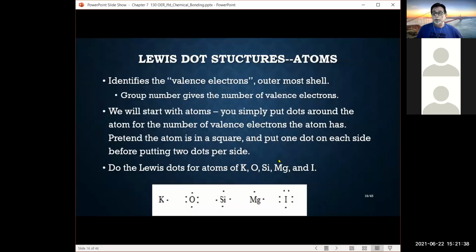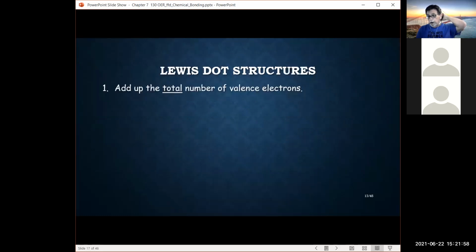When it comes to you, it won't be so foreign. All right, so we left off with Lewis dot structures of atoms, only good for groups 1A through 8A. Can't predict that unless you know from memory. You can't even use it for the other elements.